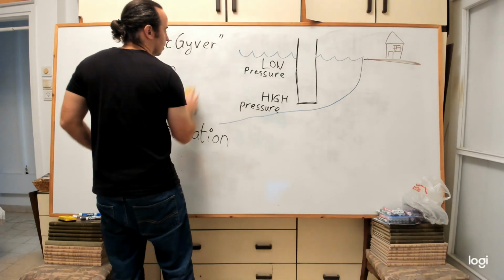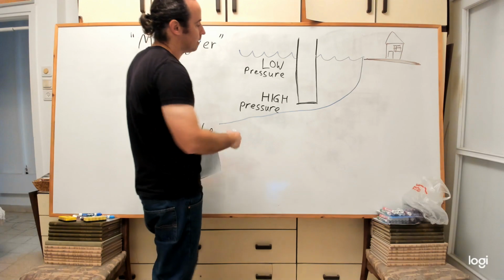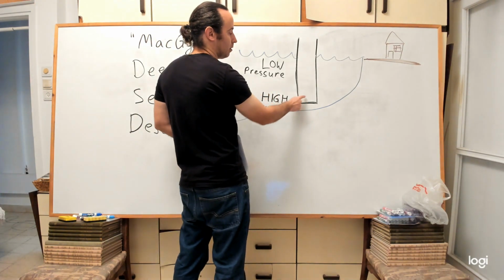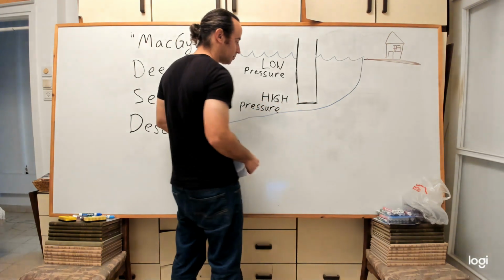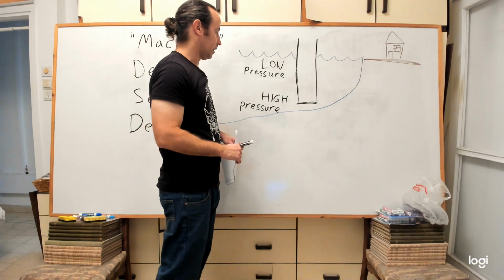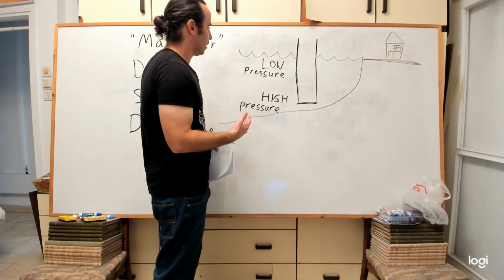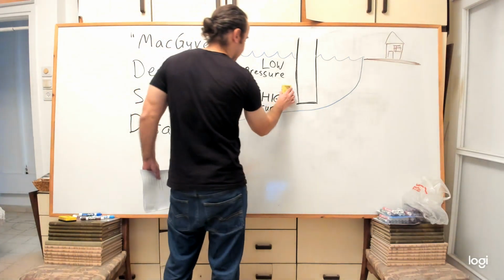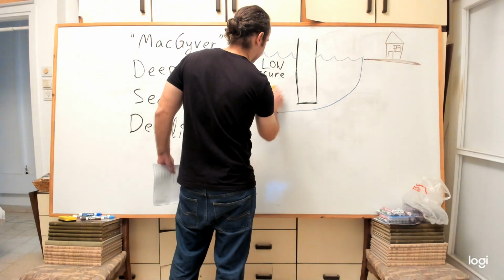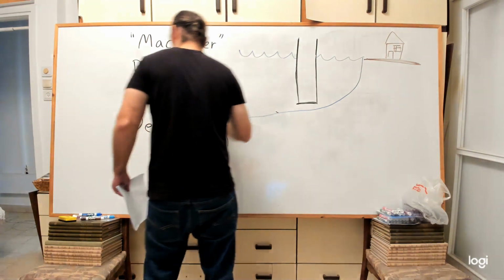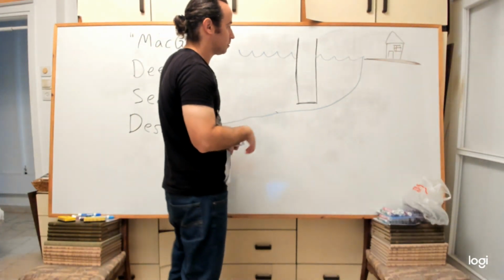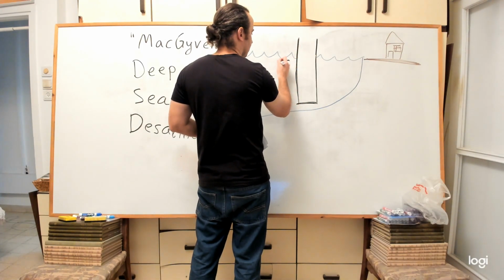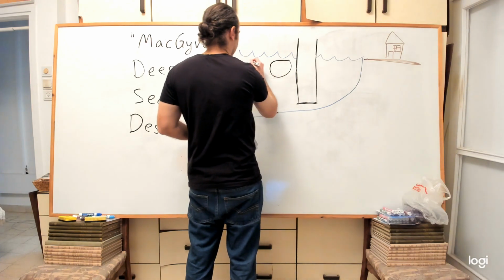Okay, so what is the way? The way is from the high pressure to the low pressure here. Now I'm explaining how we are doing this. This is now the right solution. We take water and put it in a bag.